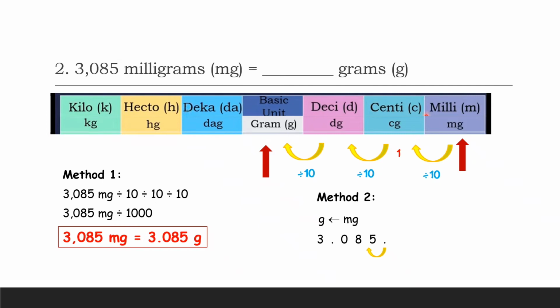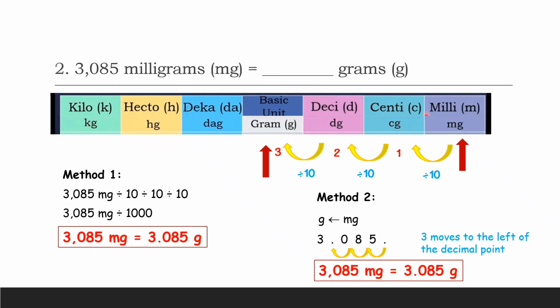Okay, so we have 1, 2, then 3. 3 moves going to the left, so that gives us 3,085 milligrams equals 3.085 grams. By the way, as you can see, we have used division or divided by 10 on our first method because we move from smaller units going to bigger units.